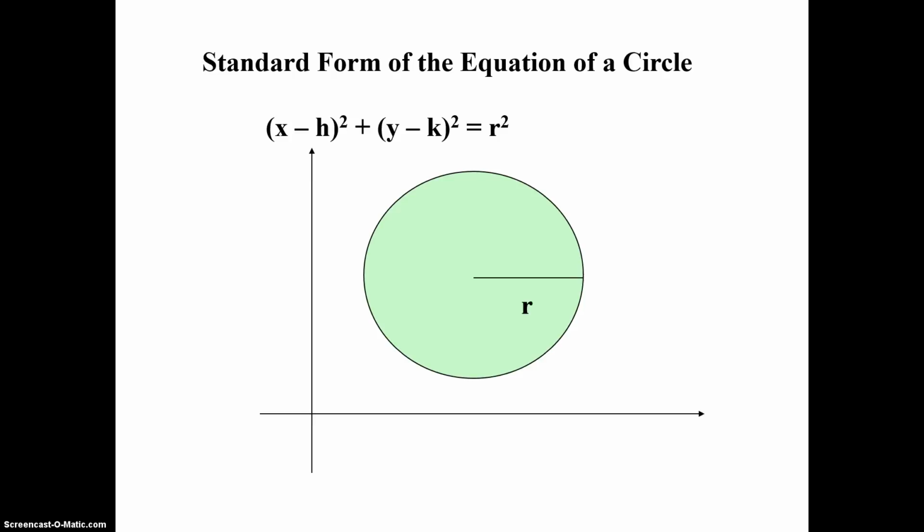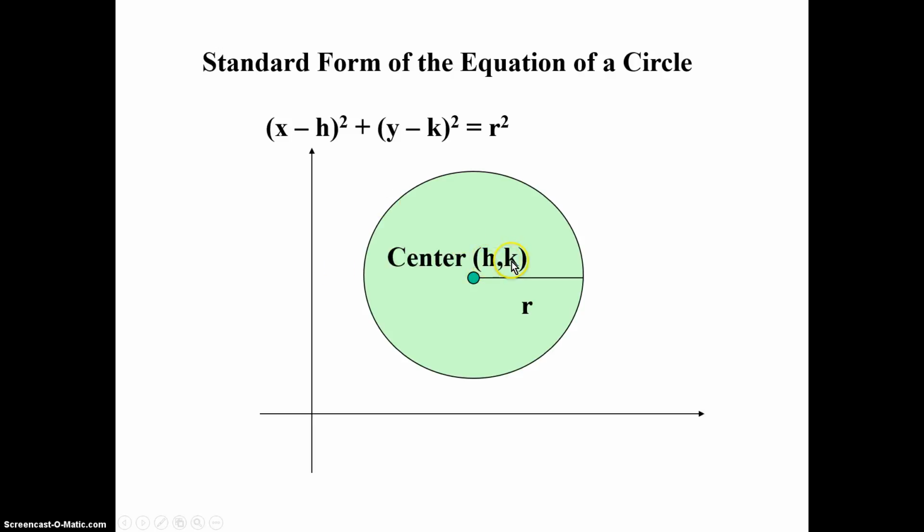R in this situation does still represent the radius, but I want you to notice one thing though. In the equation, it's r squared. So you're going to have to do something to get r, just r, and that would be to take the square root. So I want you to remember that. And then of course that middle part is called the center, and that's represented by hk.